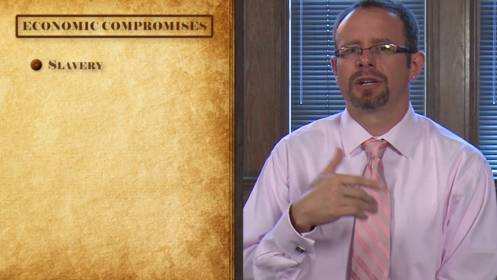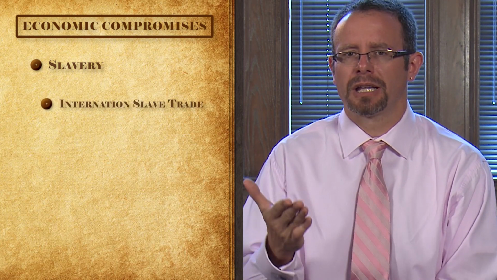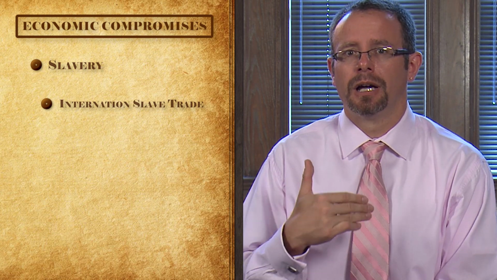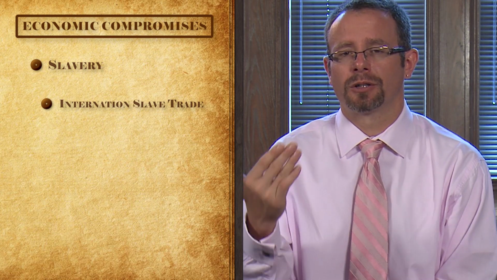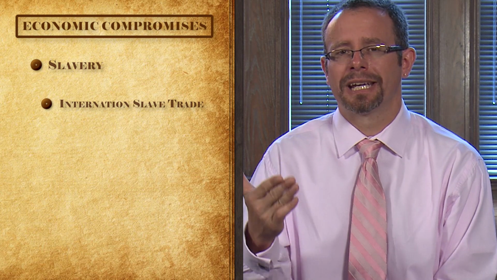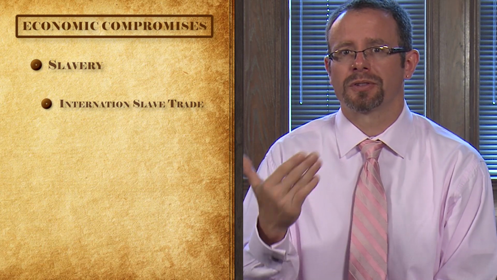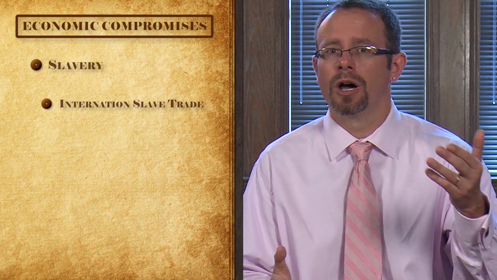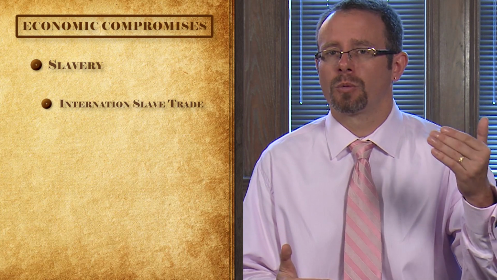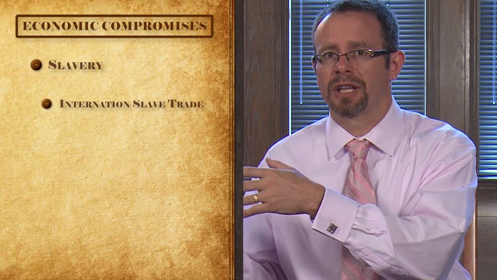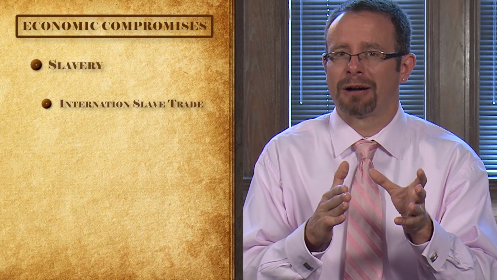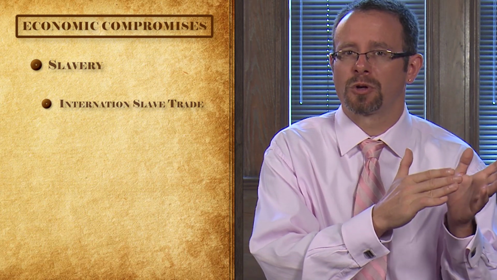For instance, the international slave trade, which some delegates want to ban. And they want to ban it, as they say, on grounds of humanitarian concern about the slave trade. We know that something like 15 or 20% of the enslaved people who were put on the ships in Africa do not survive the trip across the ocean.